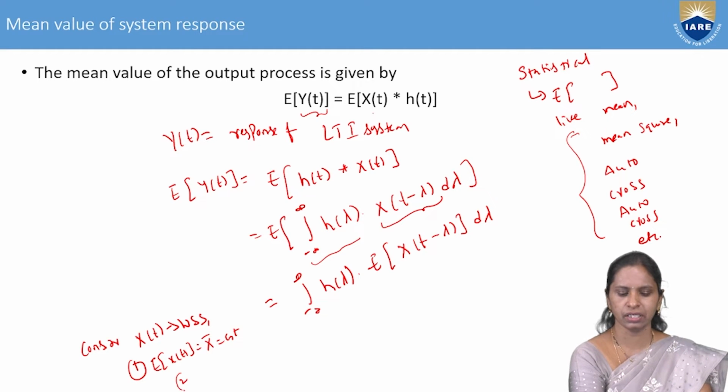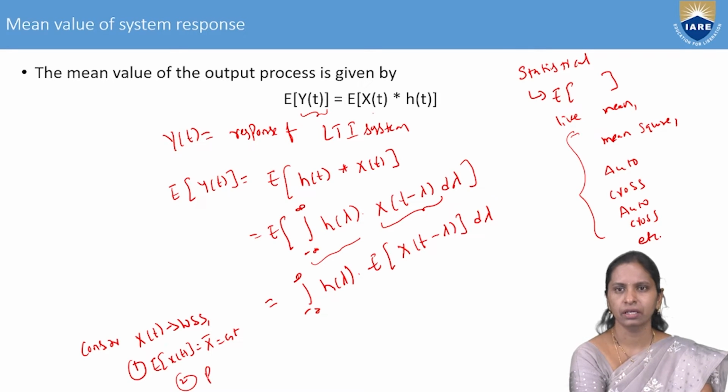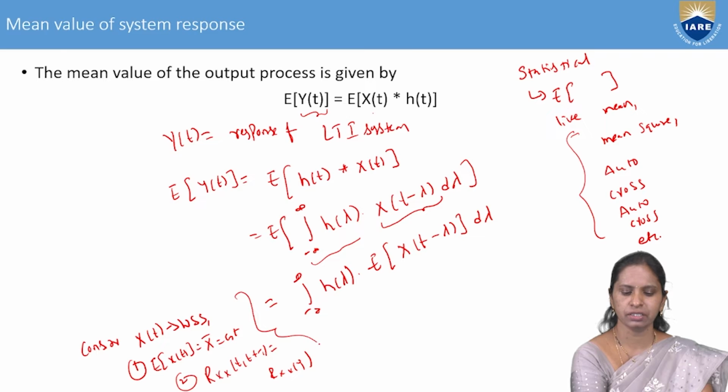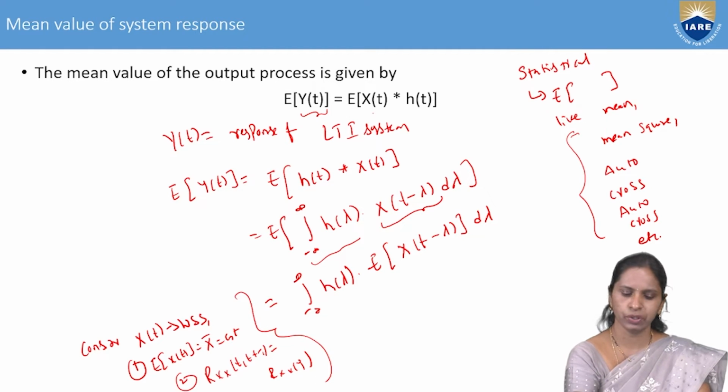The second condition is that the autocorrelation function should be a function of only the time difference. What is the time difference here? t plus tau minus t, nothing but tau. So these are the two conditions to be satisfied for a wide sense stationary random process.